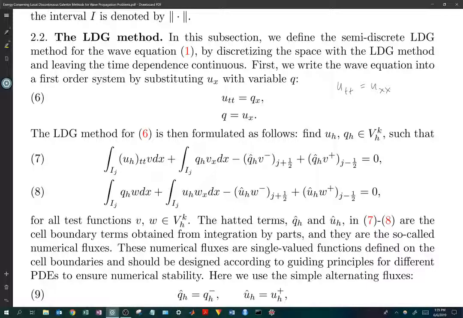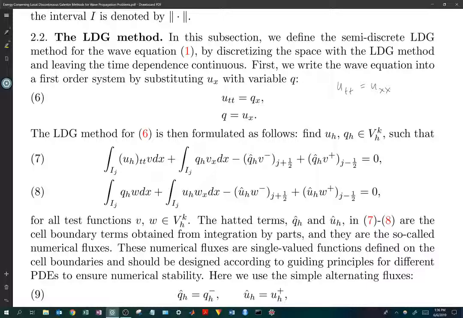Another way that you could think of doing it is, well, you want information from both cells, so why not just average the two values? And that's another useful method that you can use, but that ends up having some issues when you study its properties.